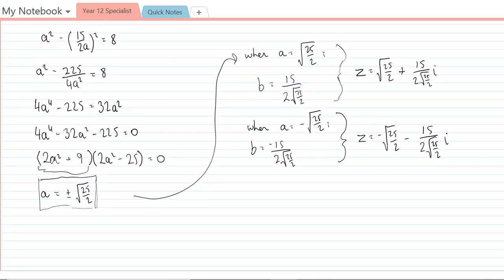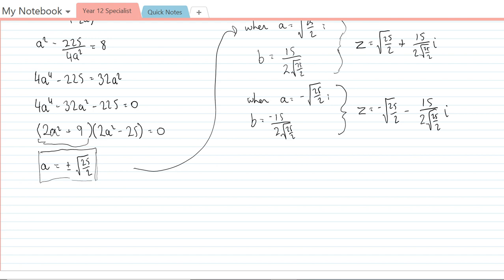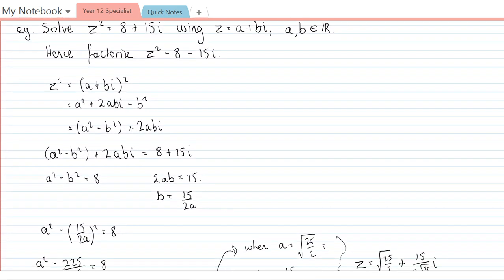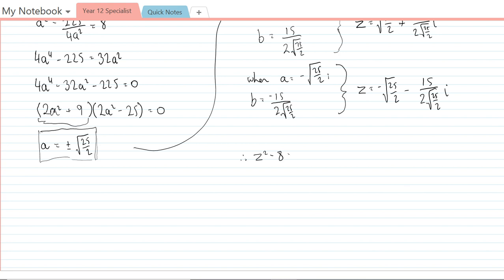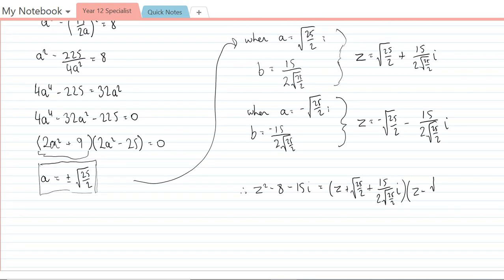Well, I know that these are the solutions, so therefore I could say that z squared minus, what was it, minus 8 take 15i is equal to, and just need to write these in their factor form, so it's going to be z plus root 25 on 2 plus 15 on 2 root 25 on 2 i, and then the other is going to be z take root 25 on 2 and then take 15 over 2 root 25 on 2 i.